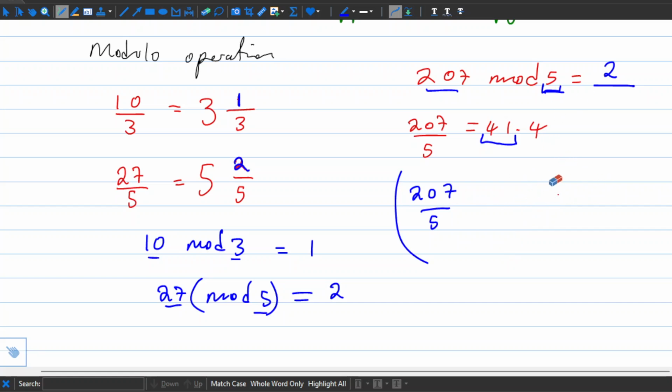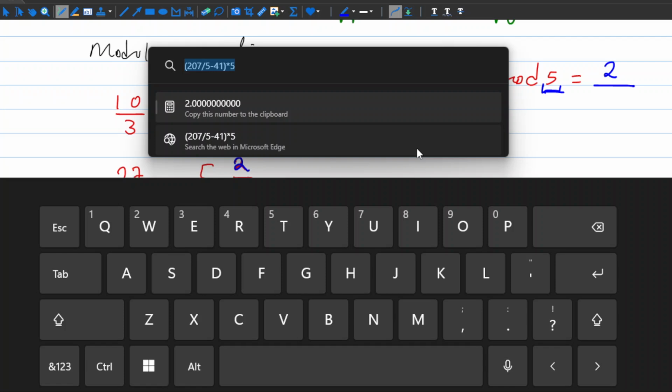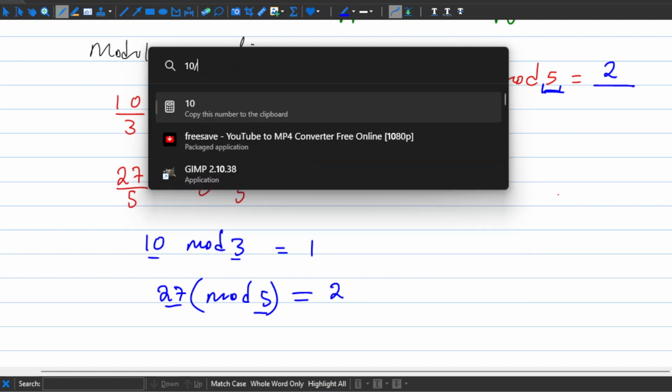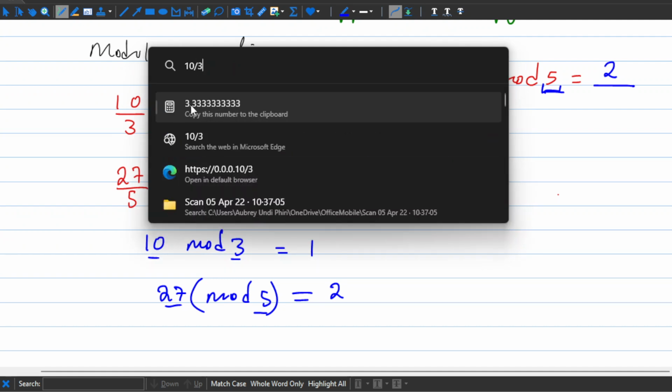So let's try it for 10 mod 3, so you see it again. It would be the same procedure. You say 10 divided by 3, which is 3.33333.